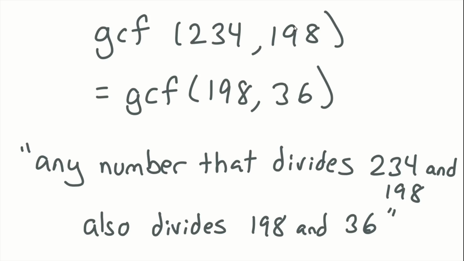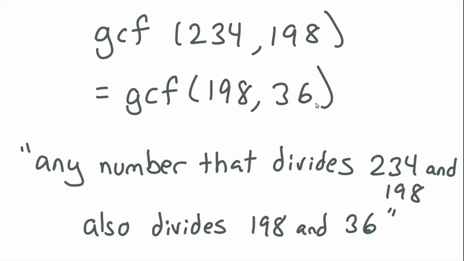But why is that true? Because if they have all the same common factors, then they have the same greatest common factor, right? So basically, what this is saying is that the common factors of these numbers and these numbers are the same.